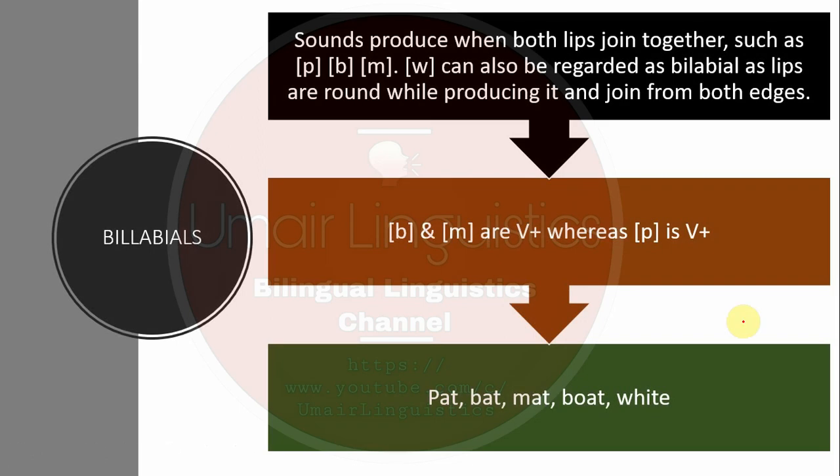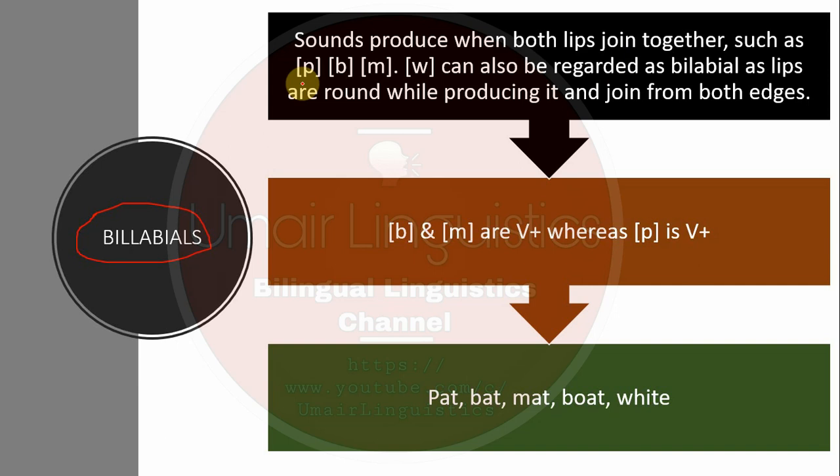One of these familiar sound types is the bilabials, sounds produced when both lips join together. It is one of the places of articulation. Each sound type represents a place of articulation. So sounds produced when both lips, upper and lower lip, come together are the bilabial sounds, like p, b, m.